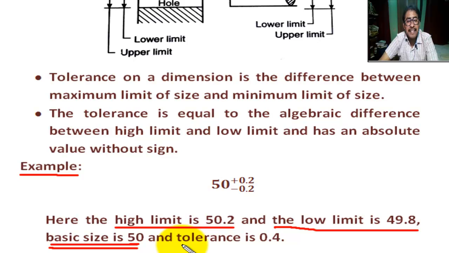So tolerance is the difference between upper limit minus lower limit. Here tolerance is 0.4. Okay.